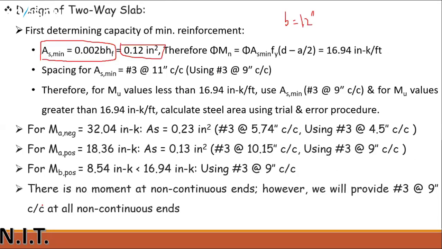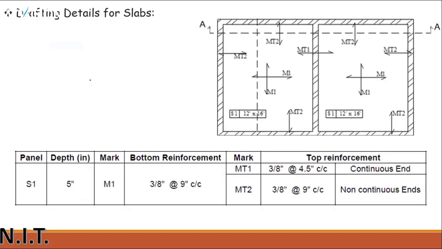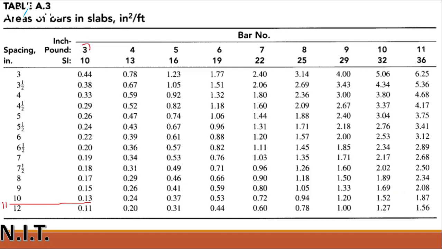That's why we have decided to choose AS minimum as number 3 at the rate of 11 inch center to center. You can see over here number 3 at 11 inch center to center, using the value 0.12 exactly. Clear?